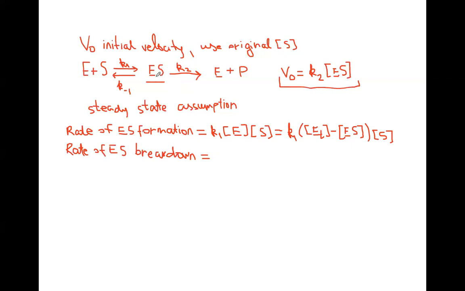One way it can break down is to go back to regenerate the original enzyme and substrate, right? This will be through the reaction constant K-1 times the concentration of the enzyme substrate complex. And the other way it can break down, if the reaction occurs, is through the reaction constant K2 and the concentration of the enzyme substrate complex.